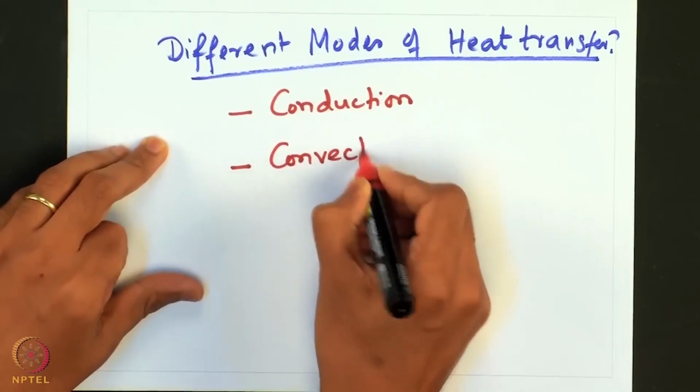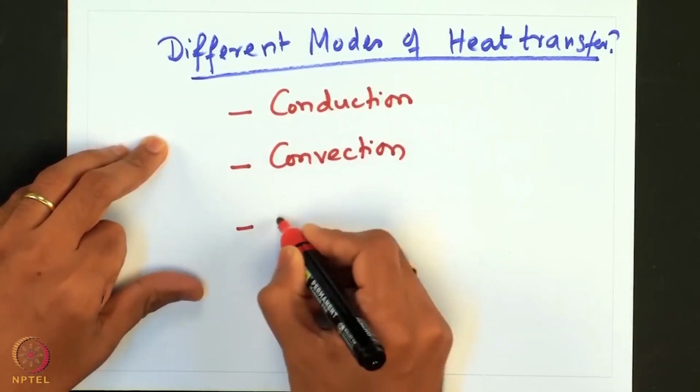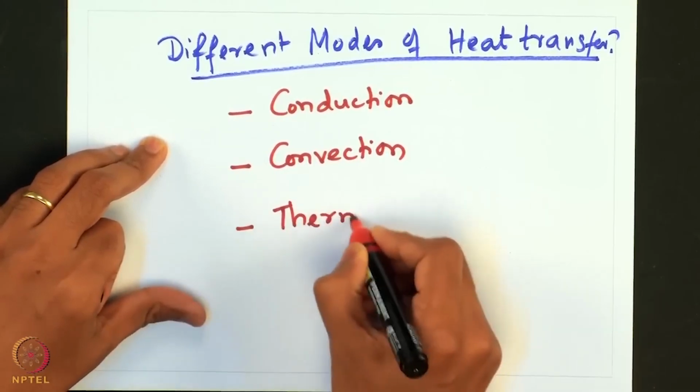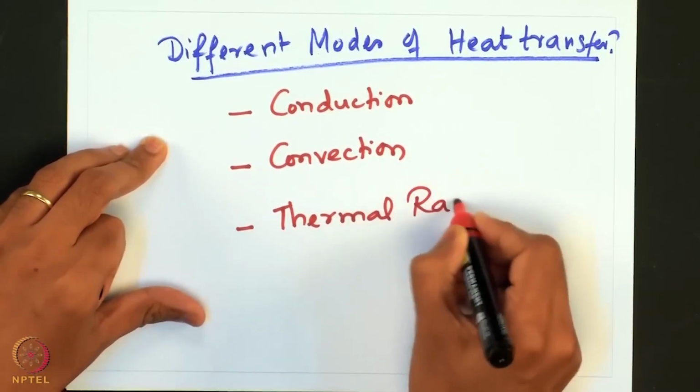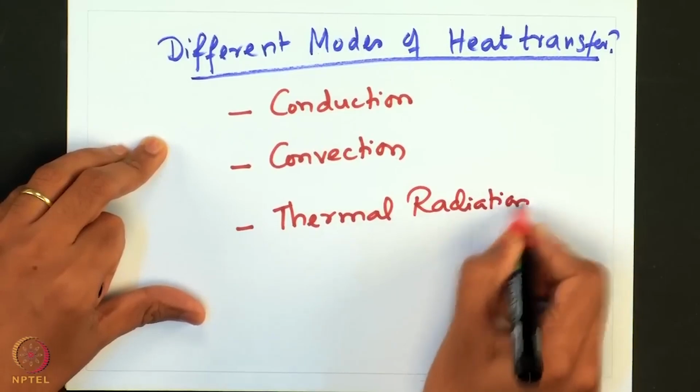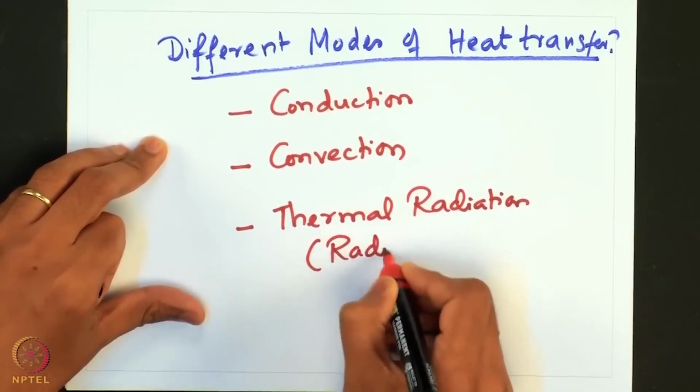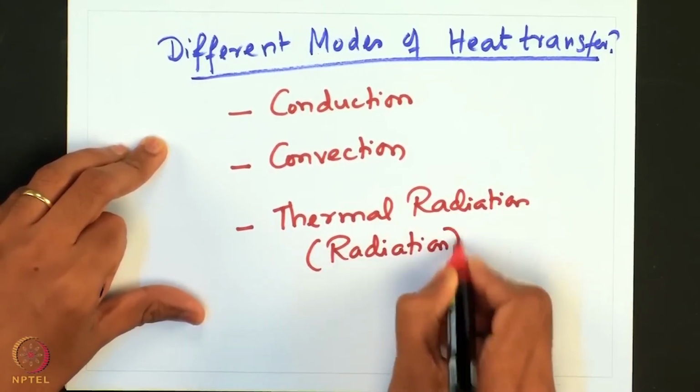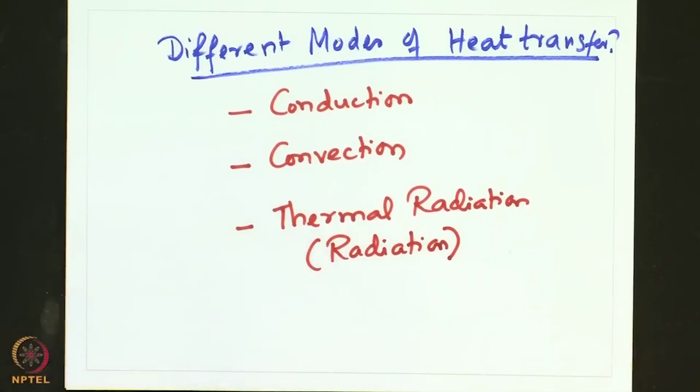These are the 3 different modes by which heat is transferred from one system to the other system or within a given system. So, let us briefly look into these 3 different modes with a specific example.